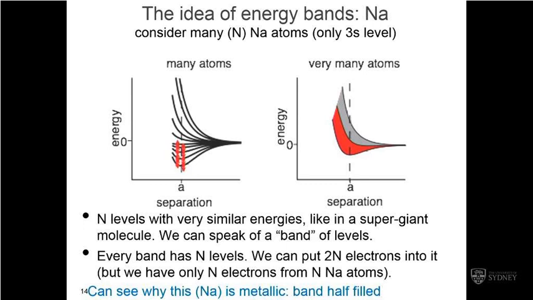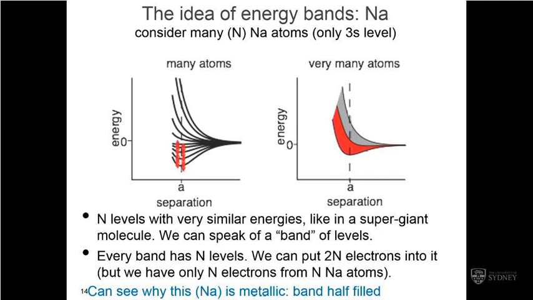So, bands of levels, energy bands. We'll come back to those very soon in the lecture course. This is just introducing it. In every band, we can put, as I said, 2 electrons. So for all of the N bands that have been formed by bringing all these sodium atoms together, N over 2 of them will be filled.